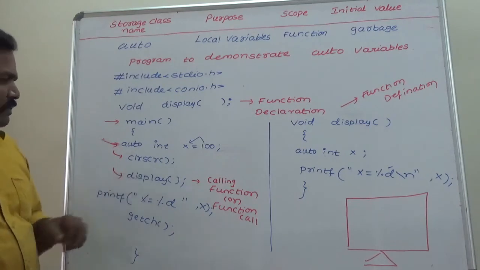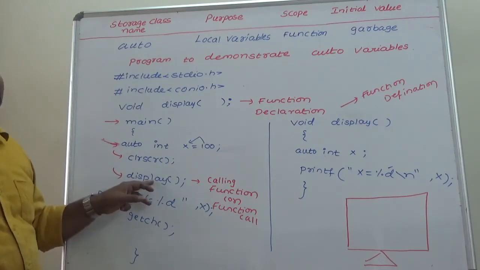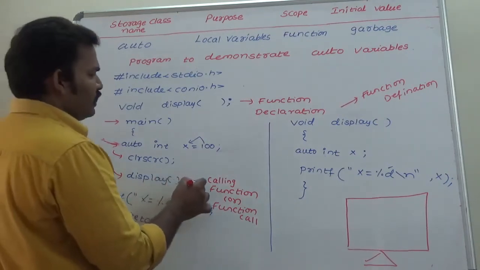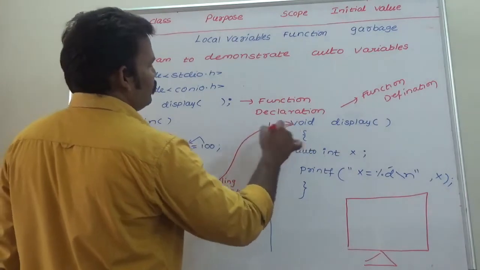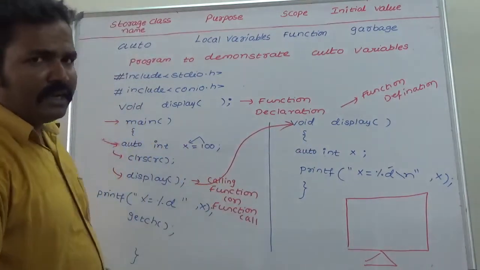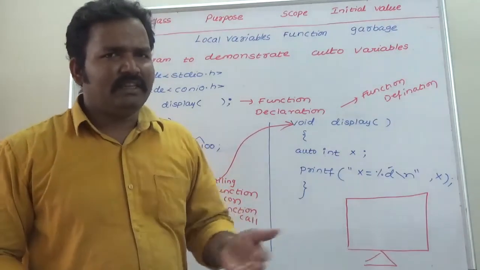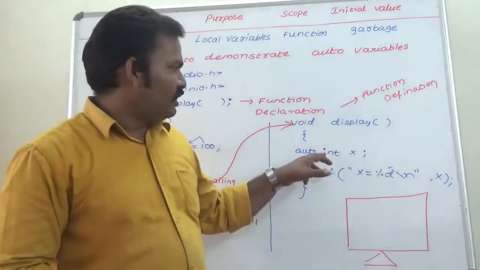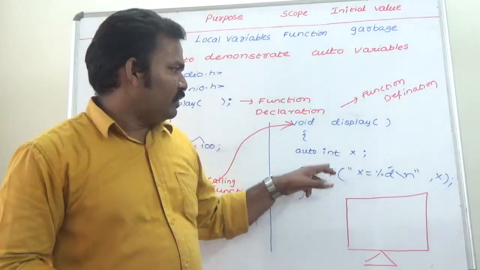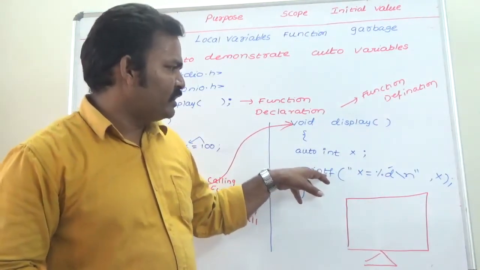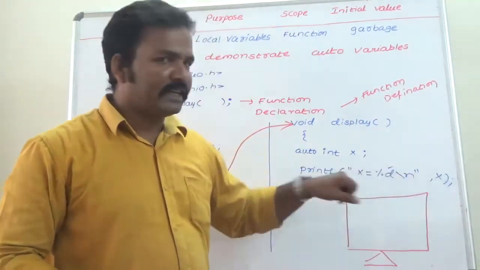Whenever execution control encounters a function call statement, it is directly transferred to the function definition, and it executes all the statements in the function definition. Here in the display function, this printf statement prints the x value on the screen.